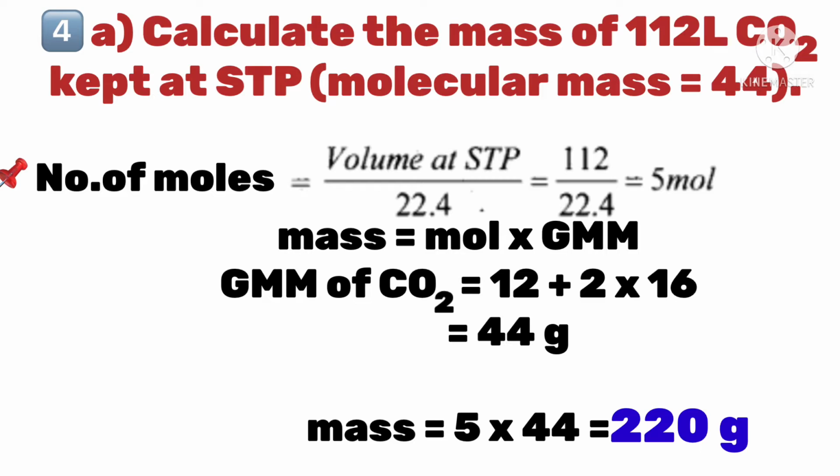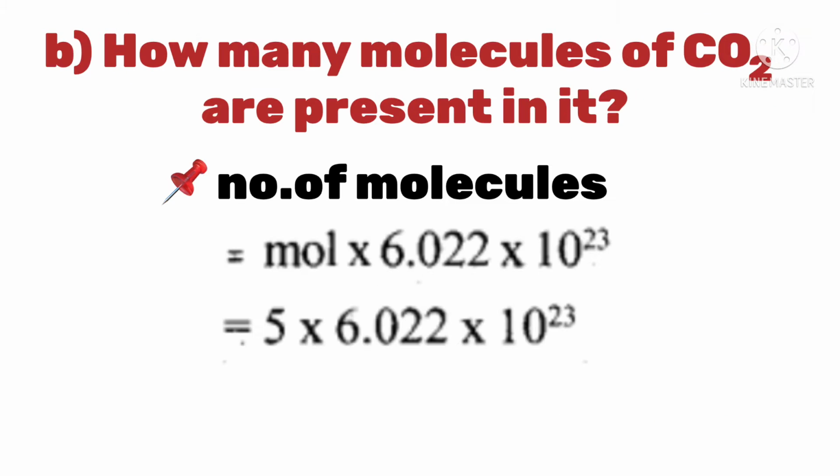Mass equal to mole into GMM. GMM of CO2 equal to 12 plus 2 into 16, that is equal to 44 gram. Therefore, mass equal to 5 into 44, which is equal to 220 gram.